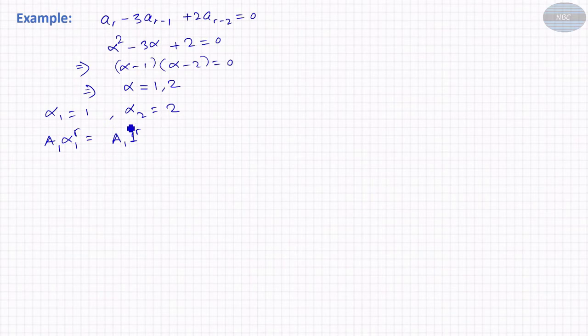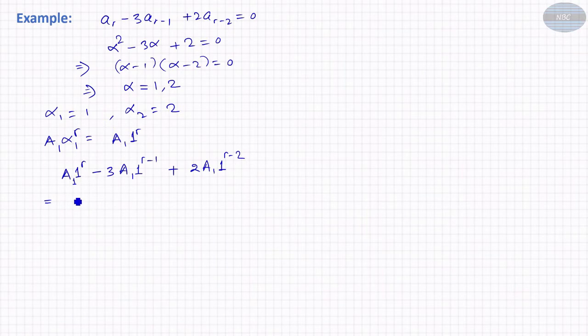In place of ar, we'll put a1 into 1 to the power r, minus 3 into a1 into 1 to the power r minus 1, plus 2a1 into 1 to the power r minus 2.